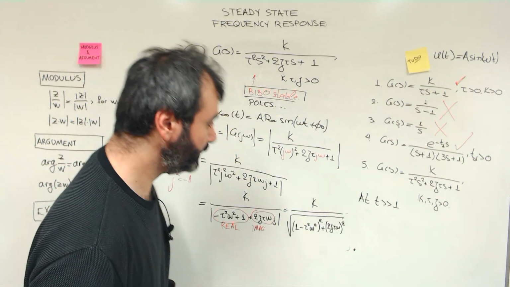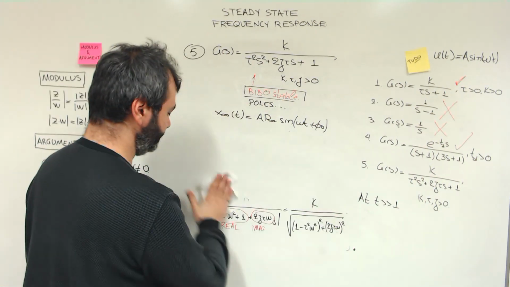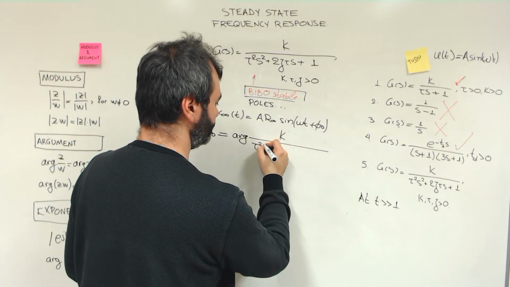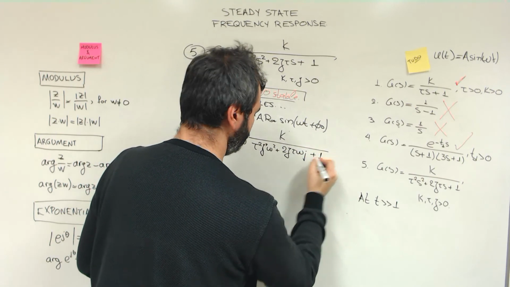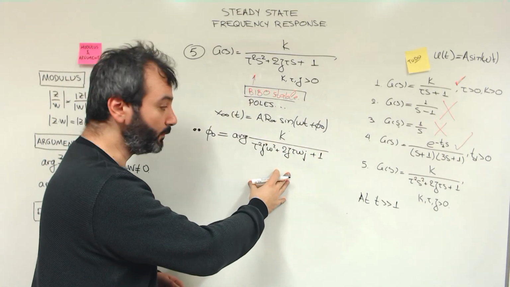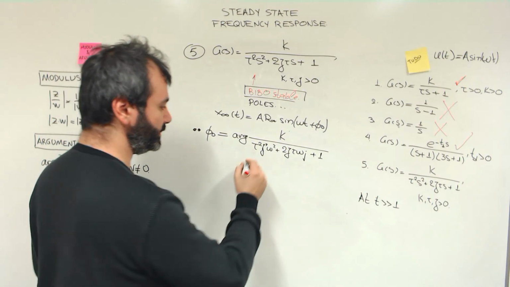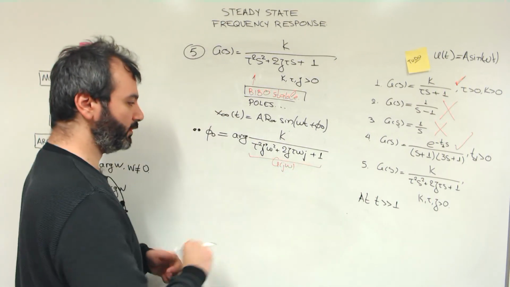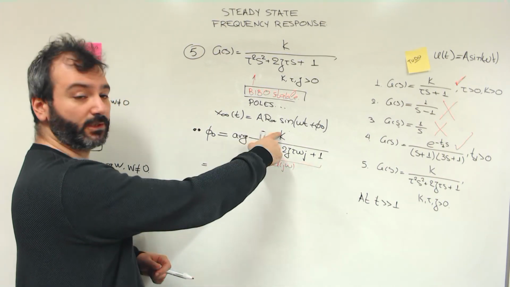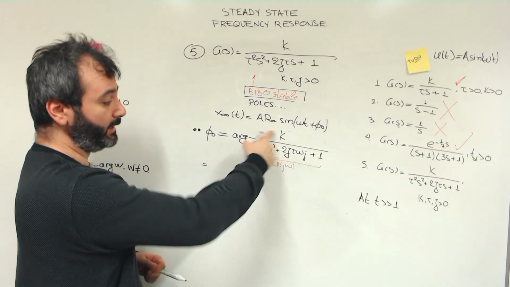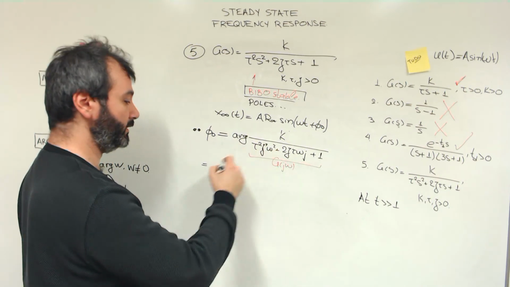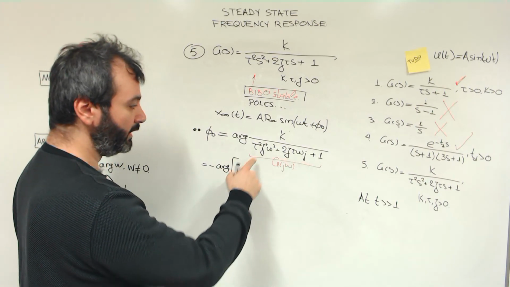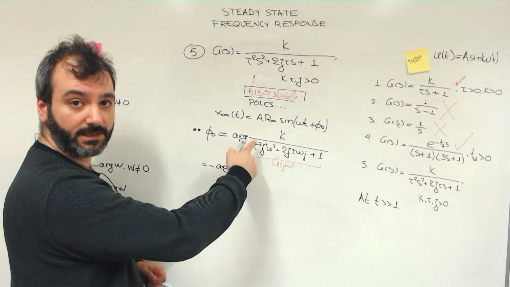Now let us find phi 0. So it is the argument of that complex number. This is G at j omega. We did that right before. So this is the argument of K, which is 0, minus the argument of the denominator. So let's write it down. Minus the argument of the denominator. j squared we know already is equal to -1.